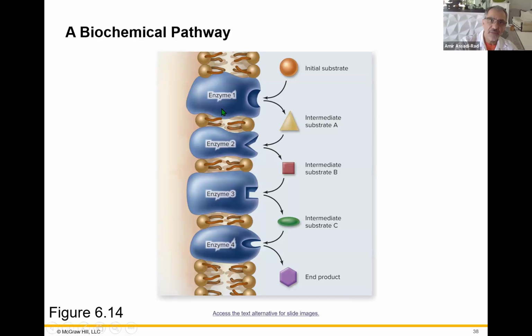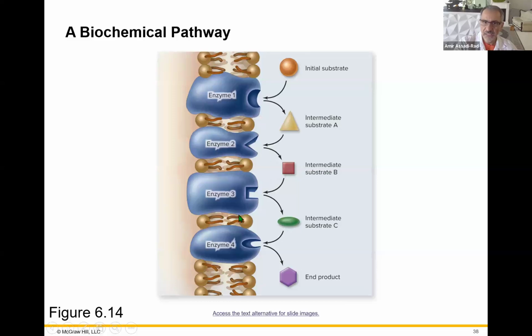So this is a biochemical pathway. This is a cell membrane, right? You have enzyme 1, enzyme 2, enzyme 3, enzyme 4. These are phospholipid molecules. So what will happen? The initial substrate comes in here, and then this product is made. This product goes in here.